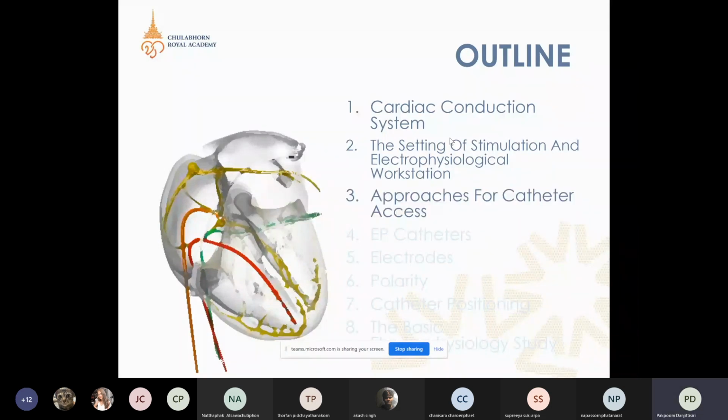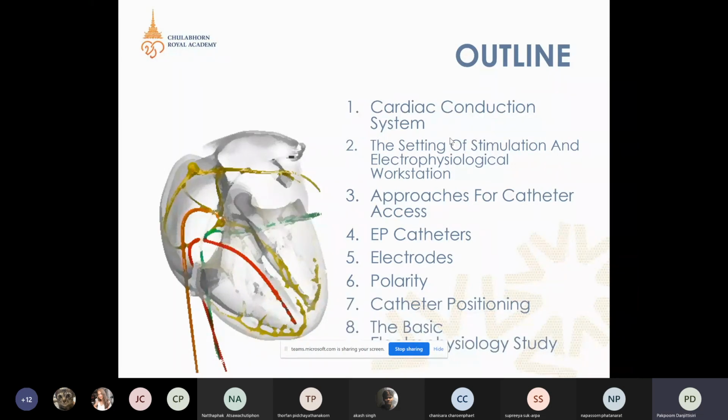Then we're going to go through the approaches for catheter access, and then EP catheters and electrodes. After that, the electrode configurations, the polarity, the catheter positioning, and the last one is the basic electrophysiology study.